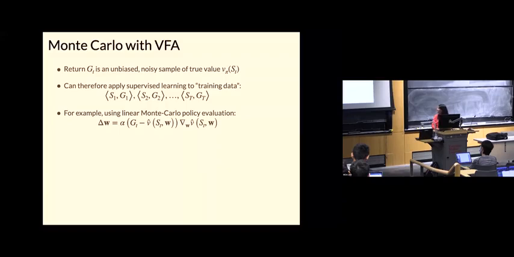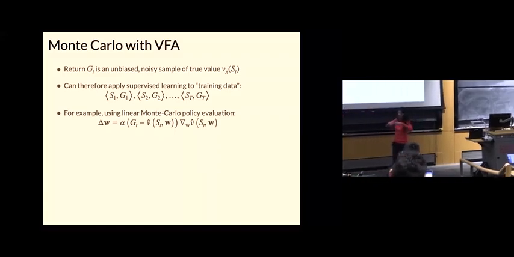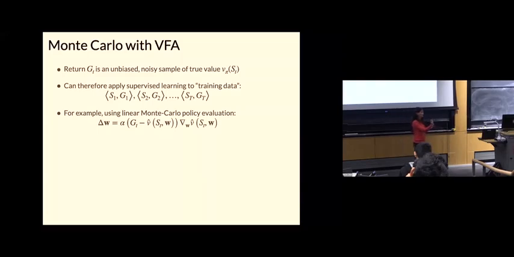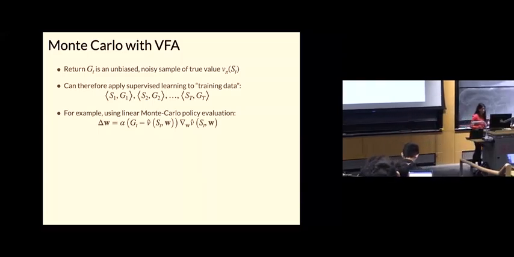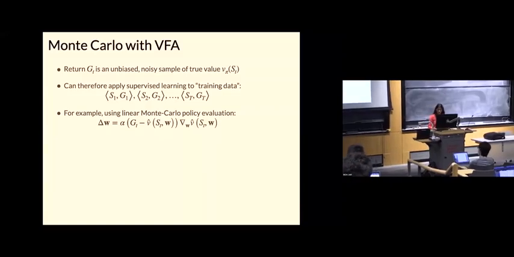So this means that we have deployed our policy and we collected some experience buffer that looks like that, like pairs of states paired with a corresponding return, which is the sum of rewards from that state onwards till the end of the trajectory. And that's how we're going to be updating our parameter vector. And it converges to a local optimum. We don't have any guarantees of finding the global one now that we have function approximation. Okay.